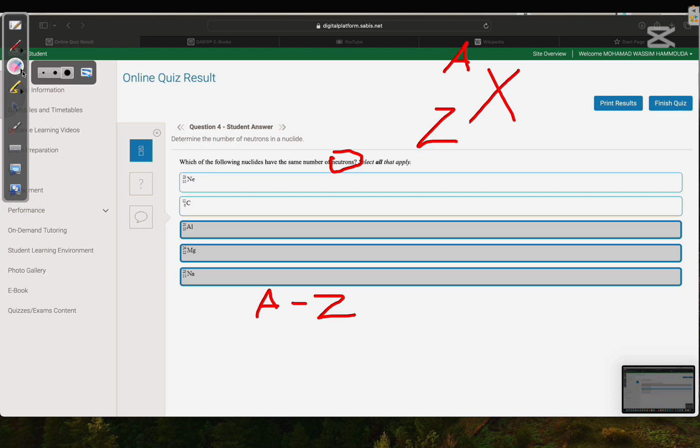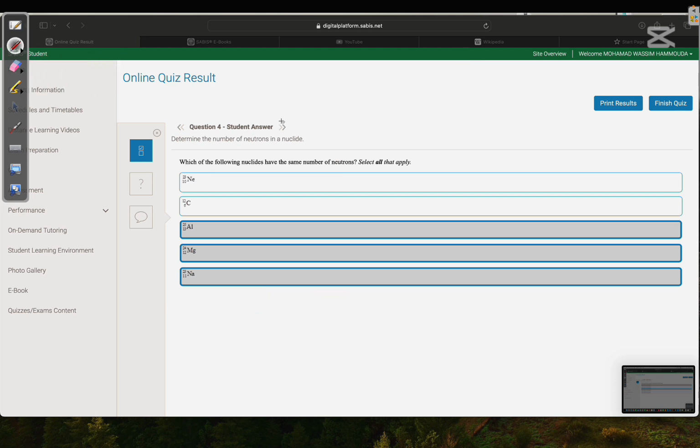Okay, so now let's start with neon. Neon has 23 nucleons minus 10 protons, which is equal to 13 neutrons. Here, carbon has 12 nucleons minus 6 protons, which is equal to 6 neutrons. Here in aluminum, 25 nucleons minus 13 protons is equal to 12 neutrons.